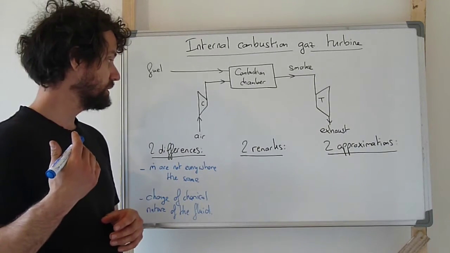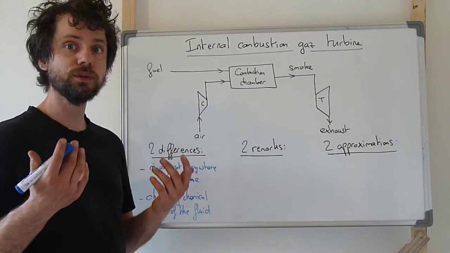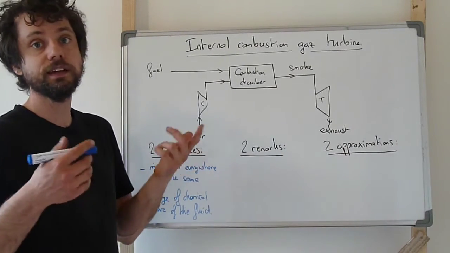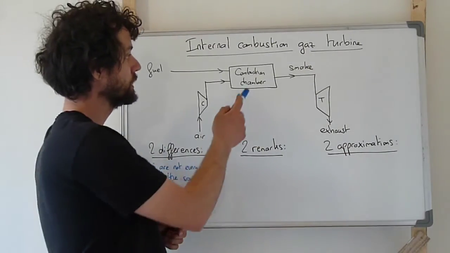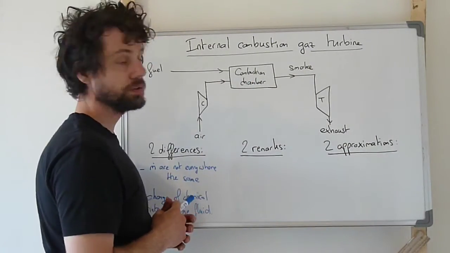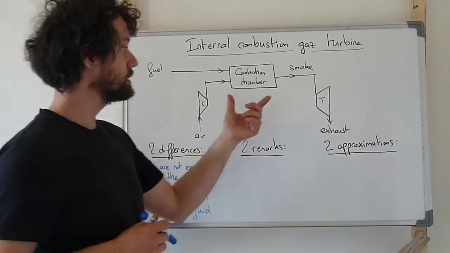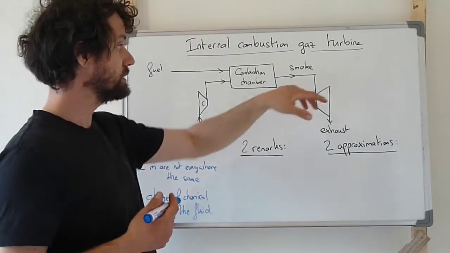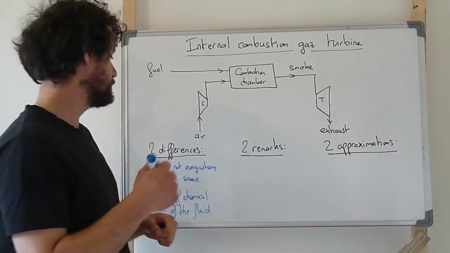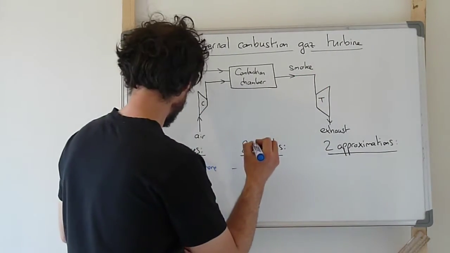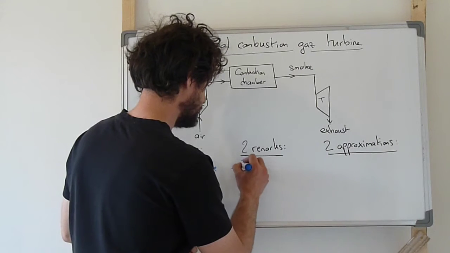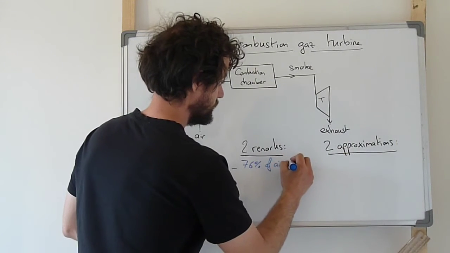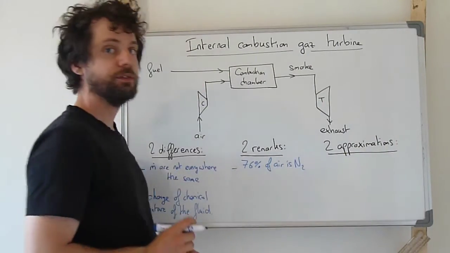So it means that 3/4 of the air is not even taking part in the combustion here, and so will be unchanged in the mixture of gases that is present in the smoke. So we can first think that 76% of air is made of N2.